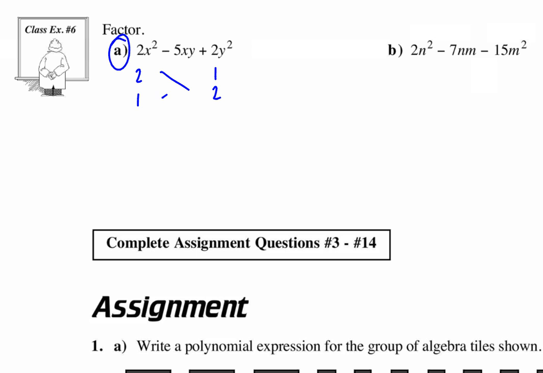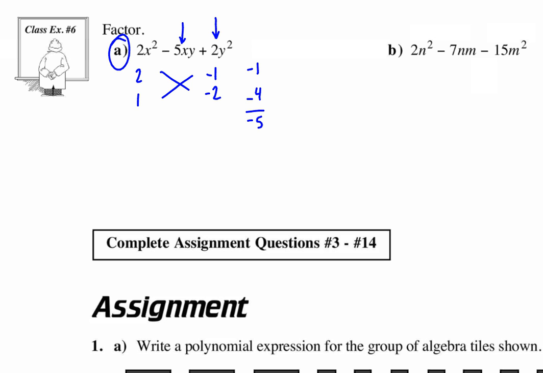The reason why 2 times 2 is 4, 1 times 1 is 1. They have to both be negative because we want to multiply to a positive 2 here, but add to a negative. So they both have to be negative, and that's the only way you'd add to a negative 5.